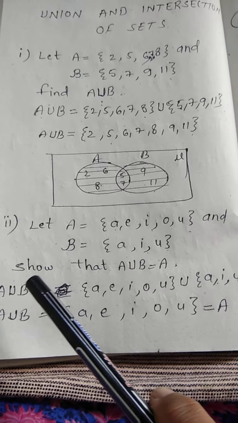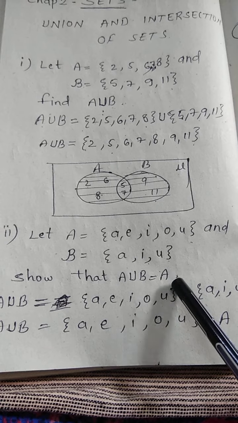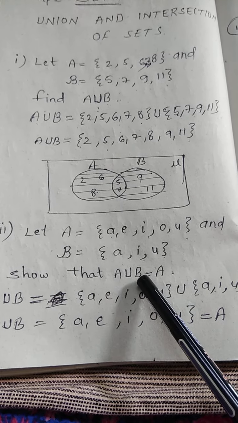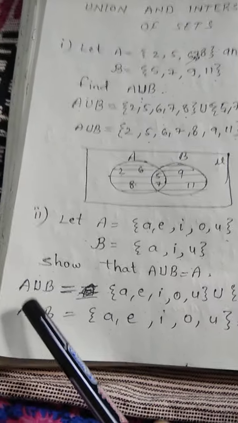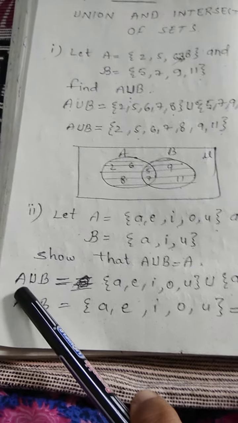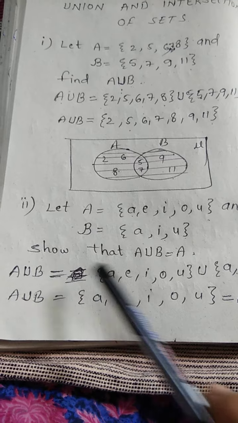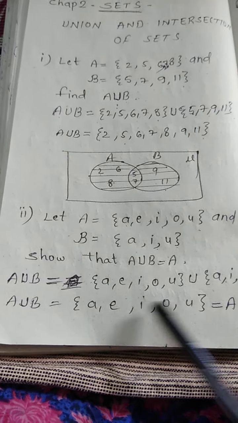Here what they are saying to find: show that A union B is A. So for that we have to find A union B, and we have to check whether it is coming A or not. So A union B. First which set is there here? A. So note down A, then give the union sign, then note down the B set. Now combine them.